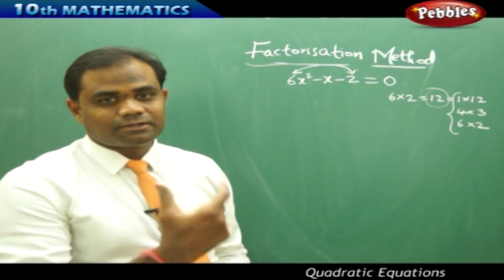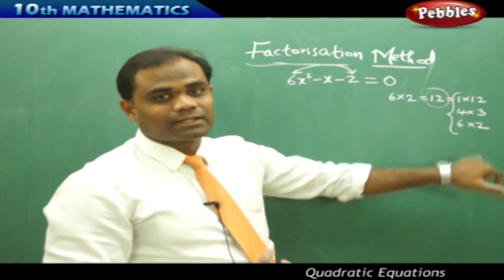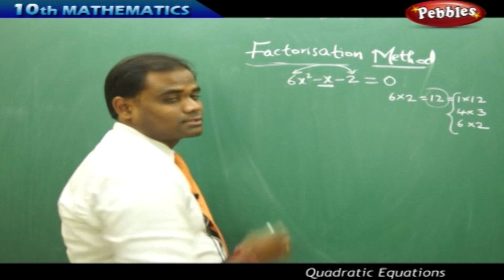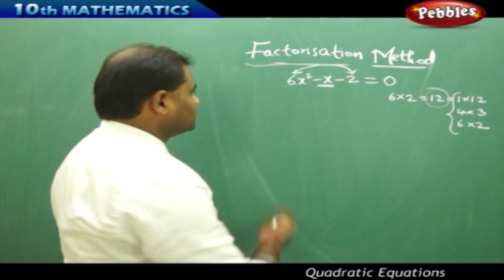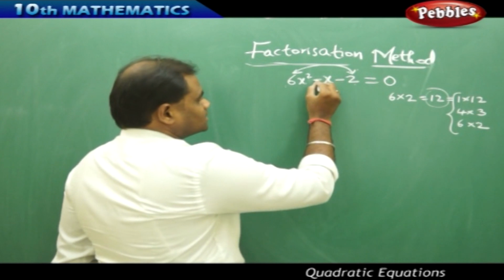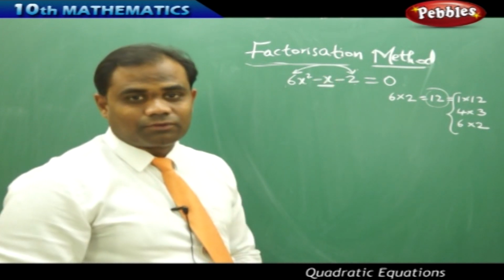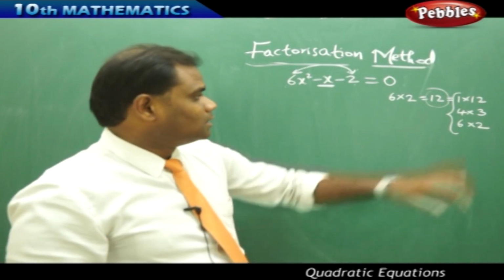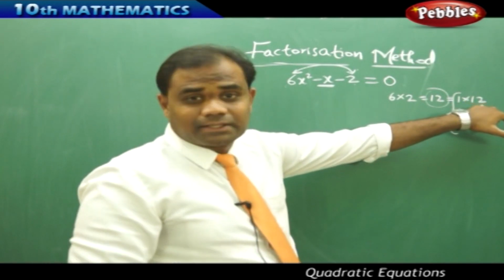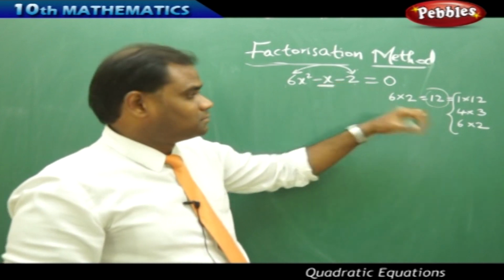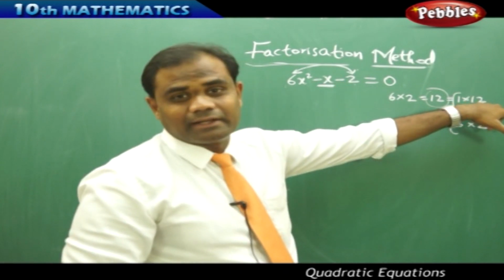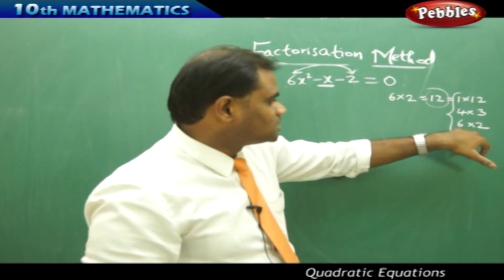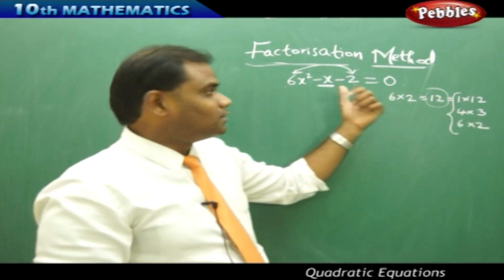Once we identify all the possible factors, then we consider the middle value, which is the coefficient of x. Here, the coefficient of x is minus 1. Therefore, when I add or subtract the factors, I need to get minus 1. When I add 1 and 12, I get 13. It doesn't work out here. When I subtract 1 from 12, I get 11. Still, it doesn't work here. When I take 6 and 2, 6 plus 2 is 8. Doesn't work out here.